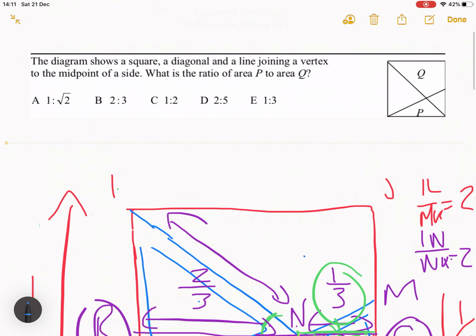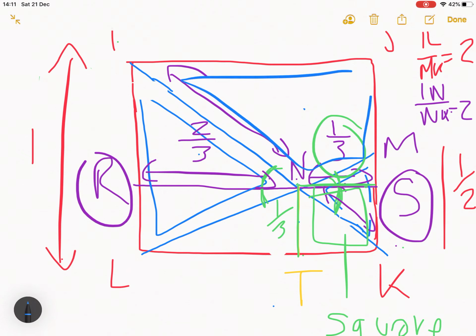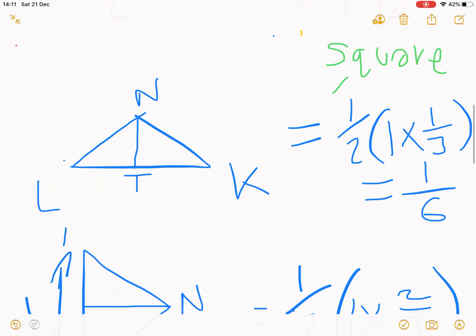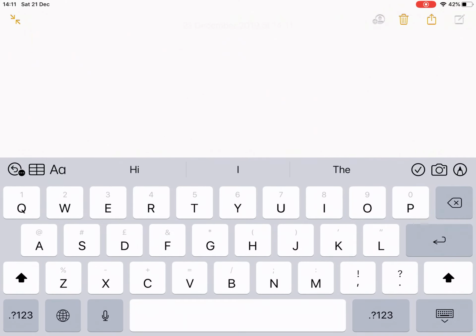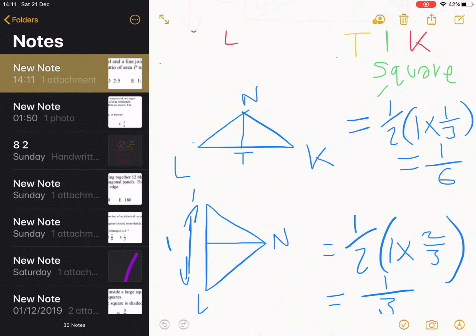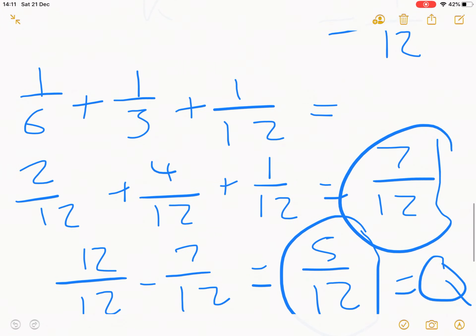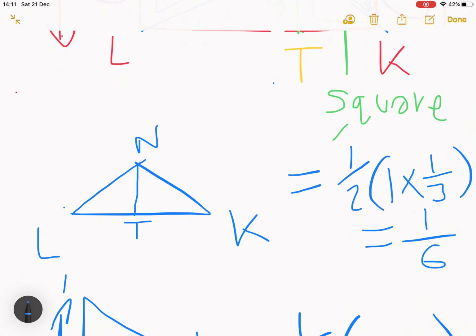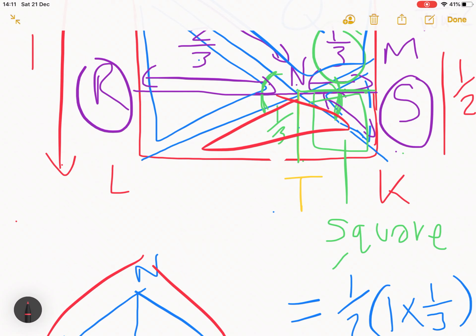So that's the area of this shape here, Q. And now we know the area of Q, and we know the area of P, which was basically LNK, the same as this one here.